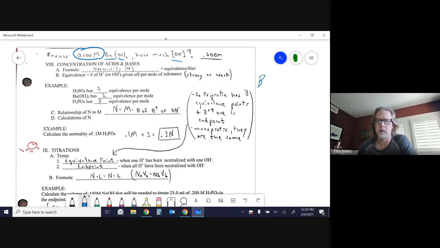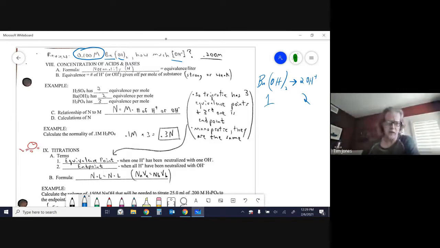Barium hydroxide gives off 2 hydroxides. So the hydroxide has to be double that, and the barium would be the same. So in the end, it would be 0.1 molar barium ions and 0.2 molar hydroxides.